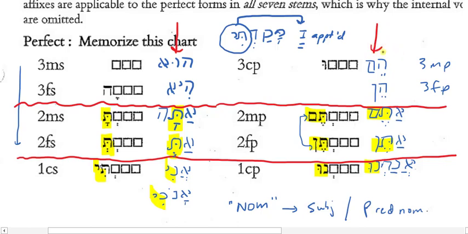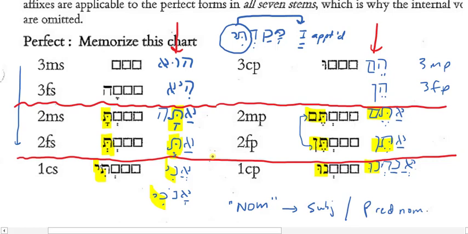Okay, so those are the personal pronouns. And I want you to see that for most of these pronouns, there is some similarity or correspondence between the independent subject pronouns and the personal endings that you've already learned. All right? So let's walk through this, and we'll jot down what these mean as well.